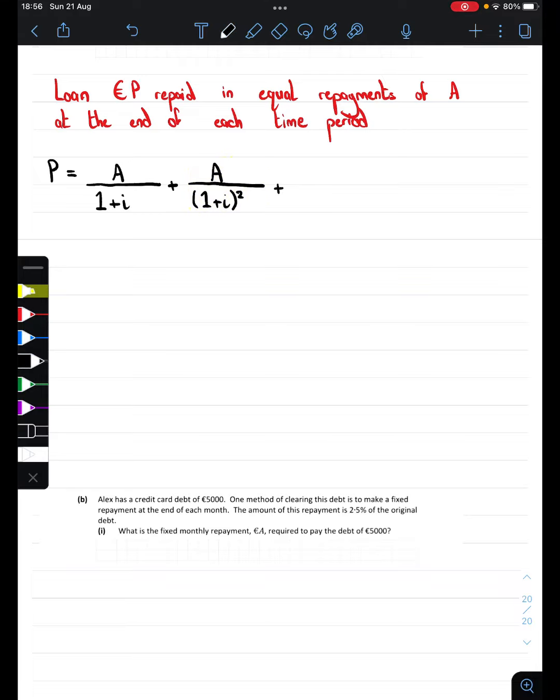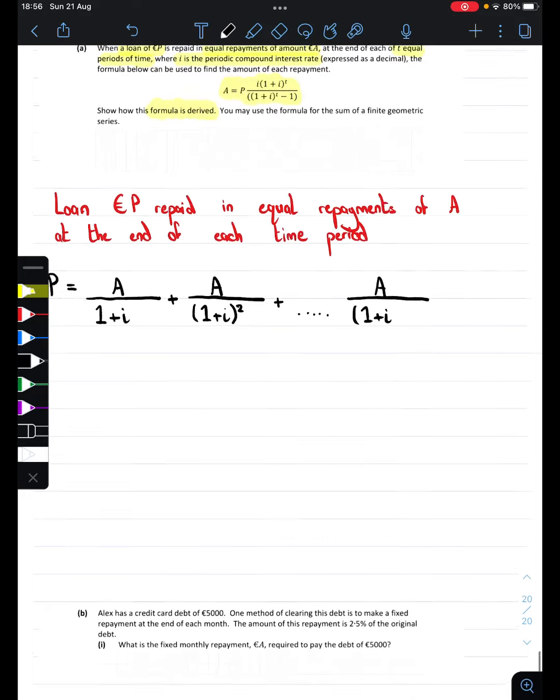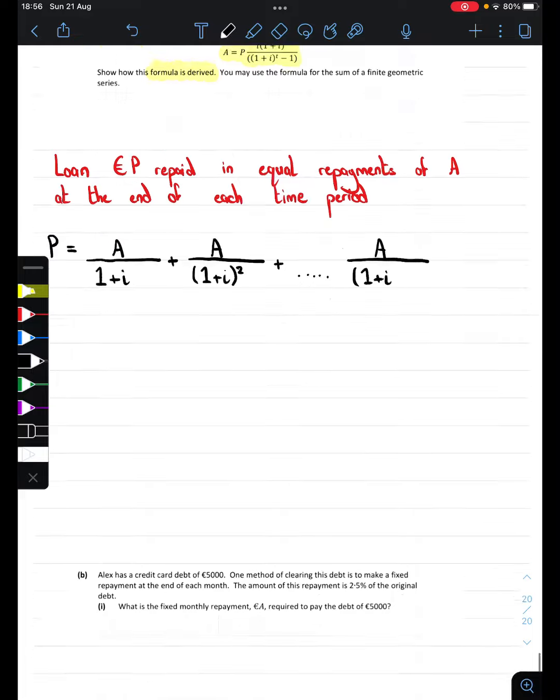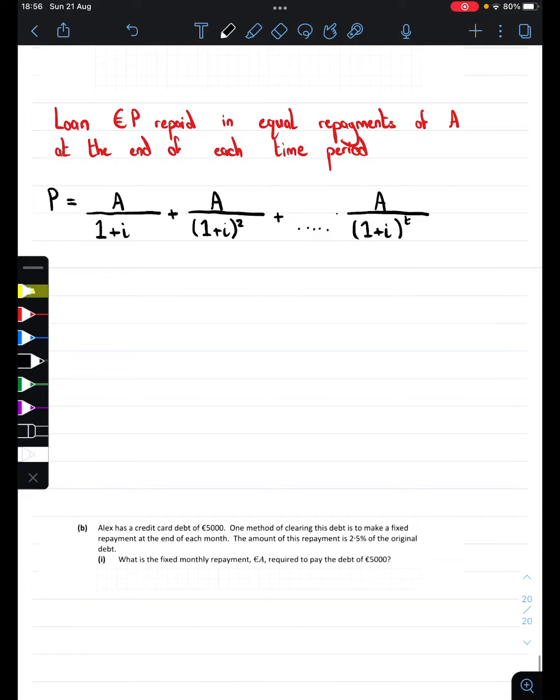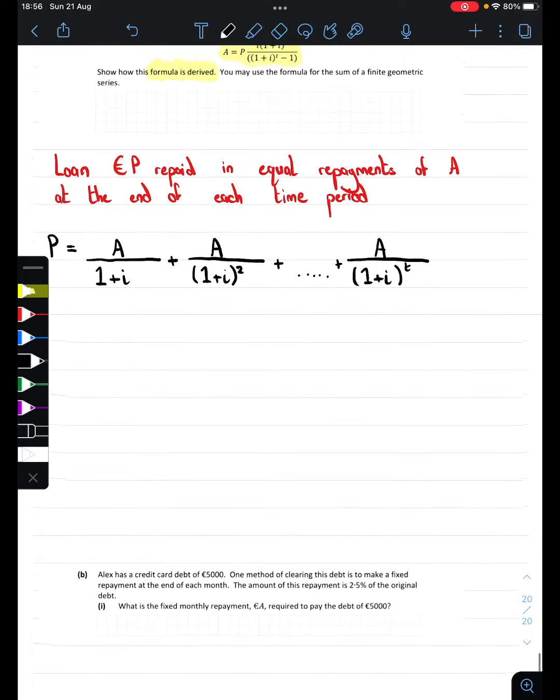And then so on and so forth for all the repayments, up to A over 1 plus I to the T, and I believe there were T payments. So this is the formula of what we are repaying them.